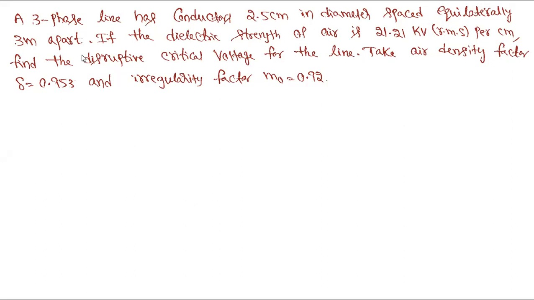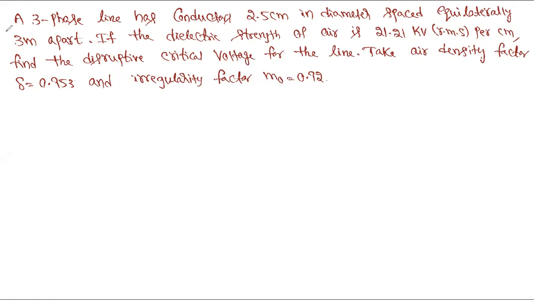If the dielectric strength of air is 21.21 kV RMS per centimeter, find the disruptive critical voltage for the line. Take air density factor delta equal to 0.953 and irregularity factor m naught equal to 0.92. All of you go through the problem.